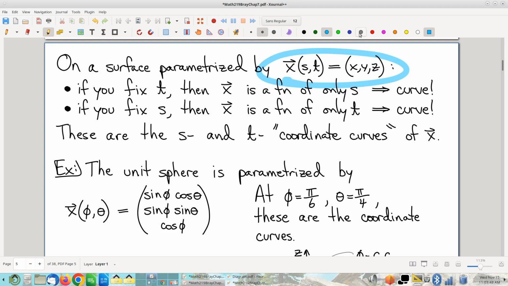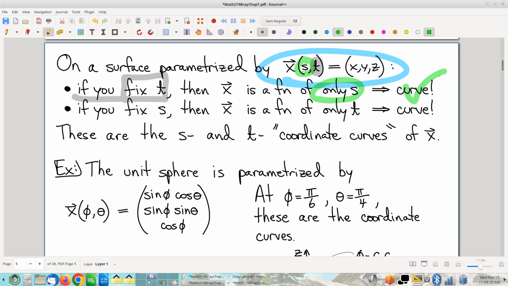Modest observation: if I were to fix one of these parameters, I started off with position as a function of two parameters, but if one of them is fixed, it's not really a parameter anymore. If I nail that down so t is not allowed to change, t is now a constant. Call it k if you want to make you feel better, but it's totally a constant. Now I have position as a function of one parameter, and that's what a curve is.